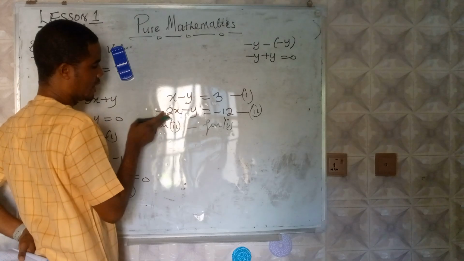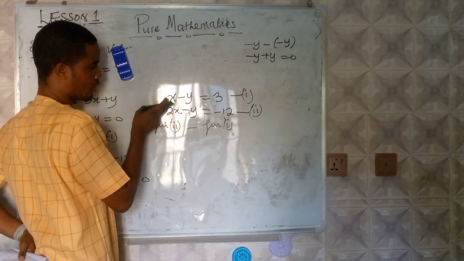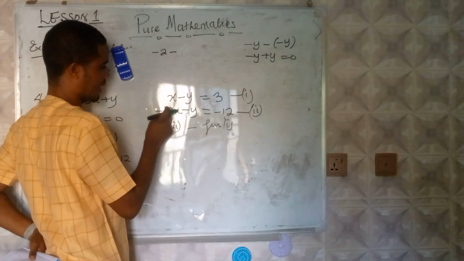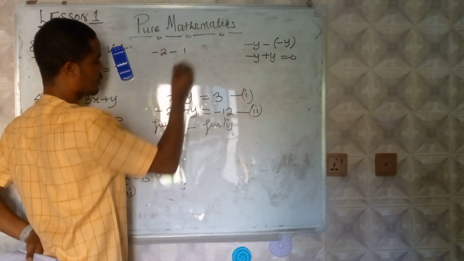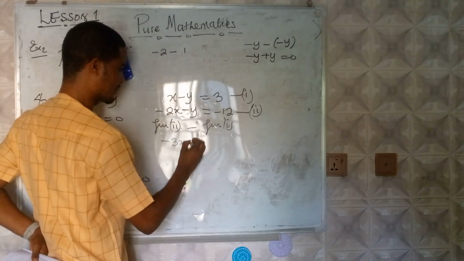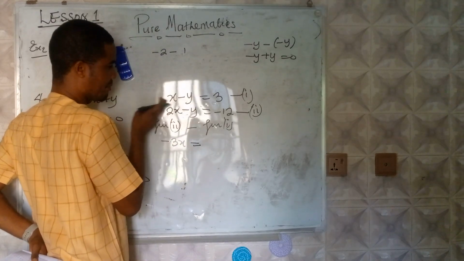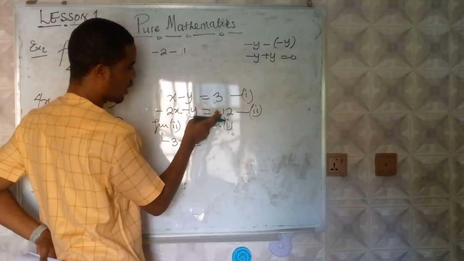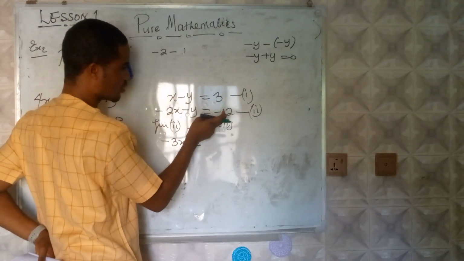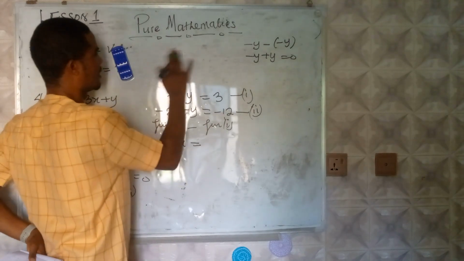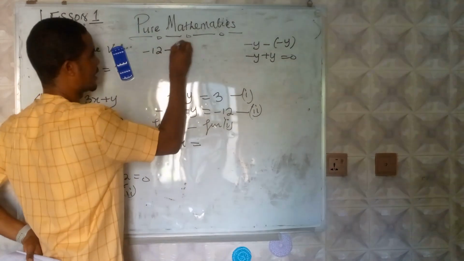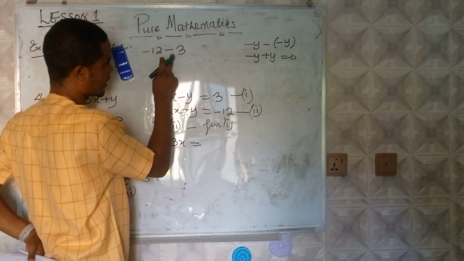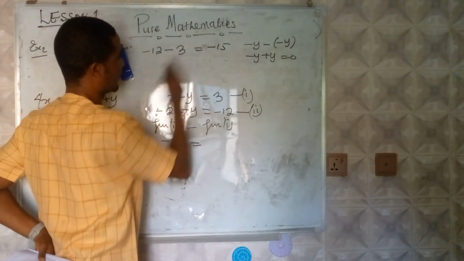I'm going to be having minus 2x minus 1, that will give me minus 3x. Minus y plus y is 0. It's gone. Minus 12 minus 3 will give us minus 15.